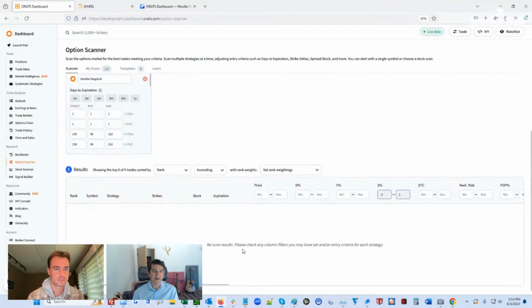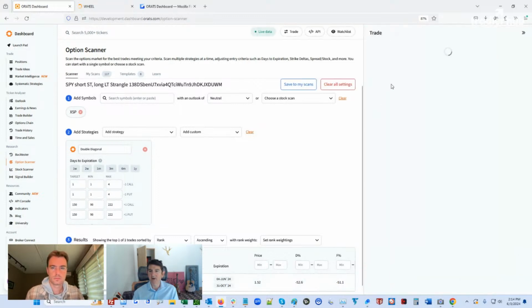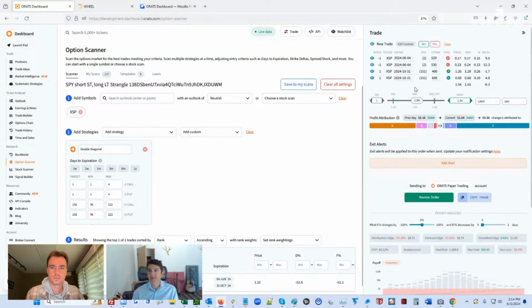So we're not finding any right now because I have a very tight max here. So let's put 4 days. This will be our double diagonal for today. So this is a double diagonal, and let's just see what it looks like. You're selling, this is expiring tomorrow, 520s, 530s.